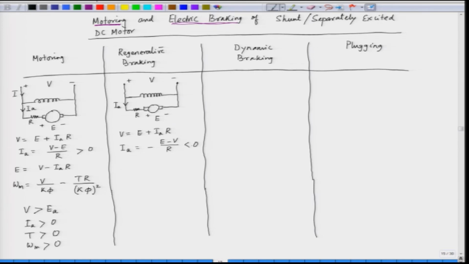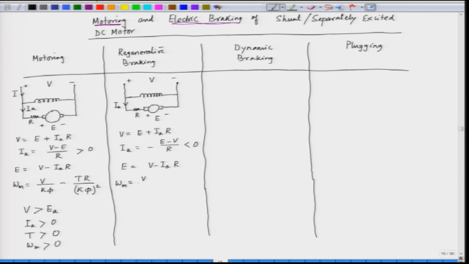Now, we write down the back EMF expression from the first equation. E is equal to V minus I A R, exactly the same as the motoring. So, from this we can find the expression for the speed.